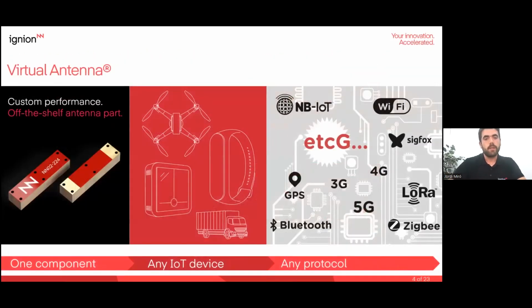So to sum up, virtual antenna is an off-the-shelf antenna that can be integrated in any IoT device covering any protocol, not only the ones related to this learning week, but also GNSS, LoRa, ZigBee, Bluetooth, and so on.